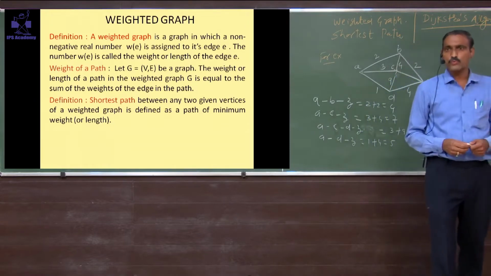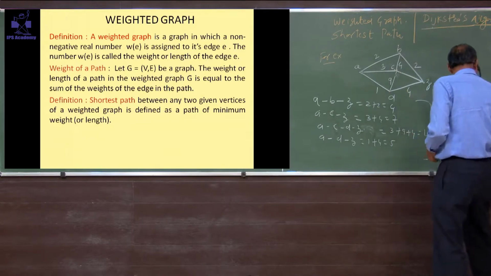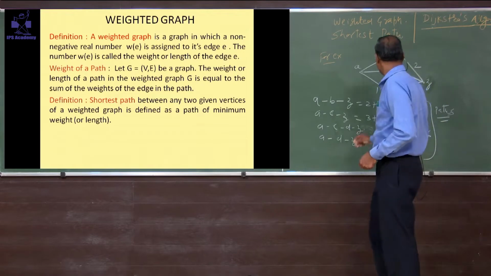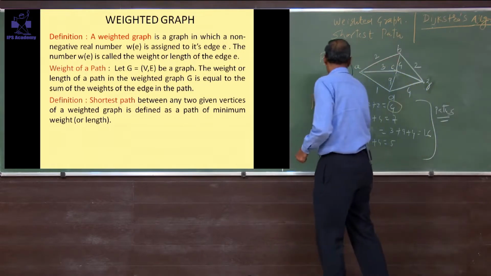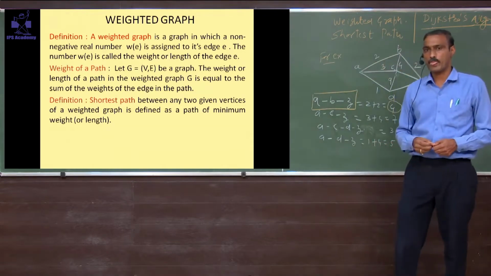Now our task is to find the shortest path among these paths. We see the shortest distance is 4, and the shortest path is A to B to Z with shortest distance 4.